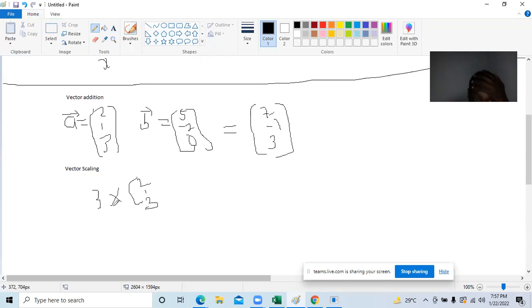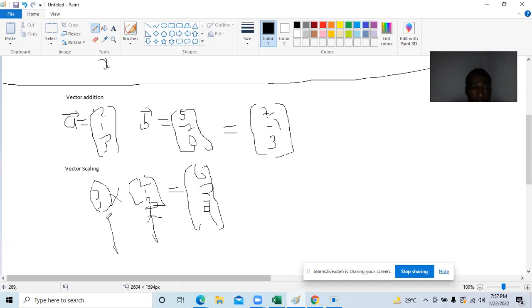Just multiply 3 by everything. 3 times 2 is 6, 3 times 1 is 3, and 3 times 3 is 9. So we scaled this vector by 3. That's basically what vector scaling is: the multiplication of a vector quantity by a scalar quantity. So this is a vector.